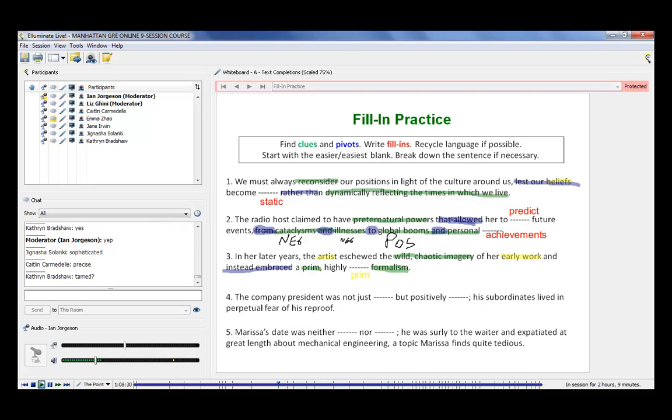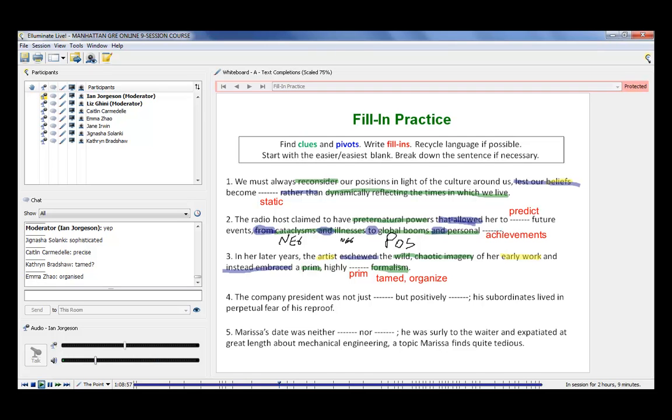How about just saying prim? Honestly, prim would work pretty good for that. We could also say, yeah, somebody said tamed or organized. That works good too. Formal would work as well. Yeah, good job. The only thing I think that you might have missed is I probably would have included "eschewed," which means giving up, as a pivot.